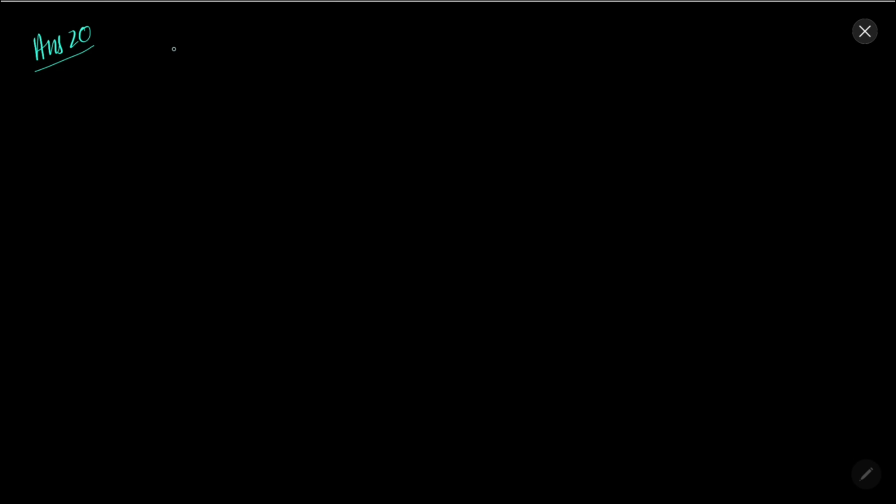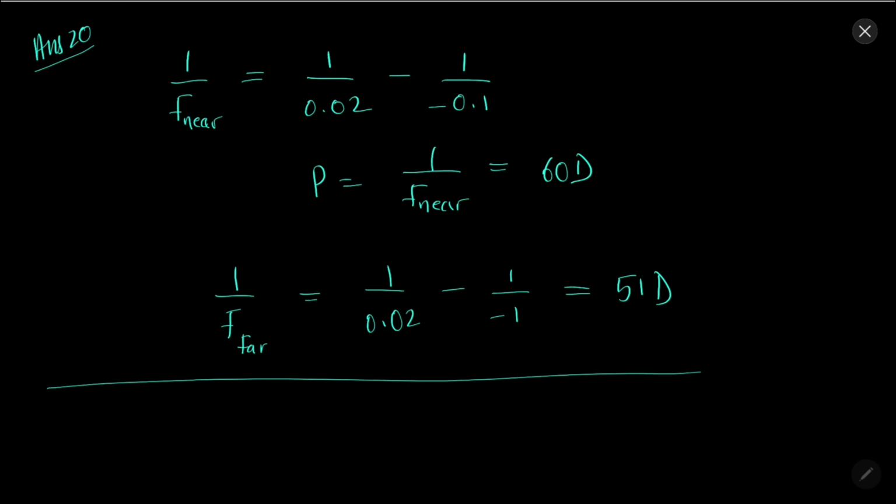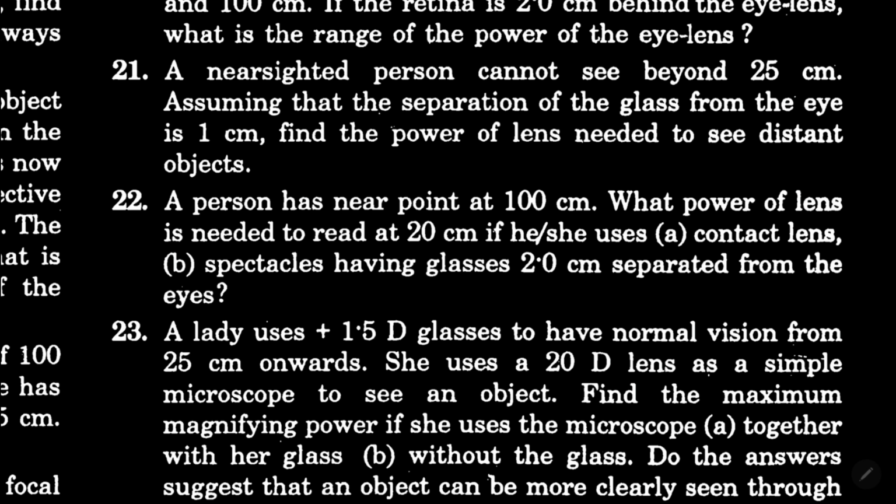So in this scenario, for the near point we have this situation, which will give us 60 diopter, and for the far point we have this situation, which will give us around 51 diopters. So the range is from 51 to 60.